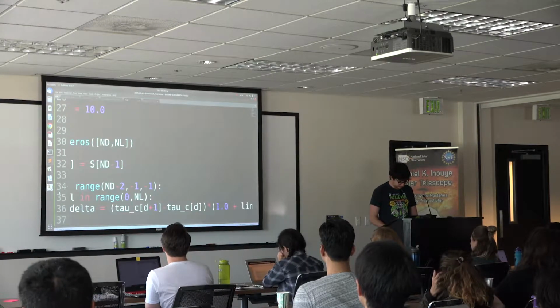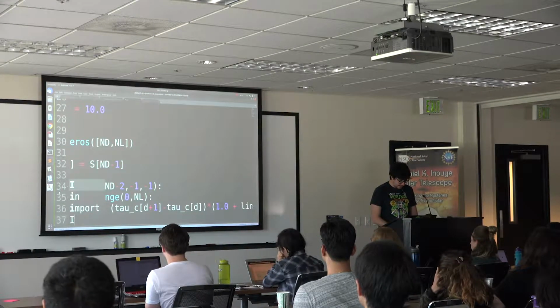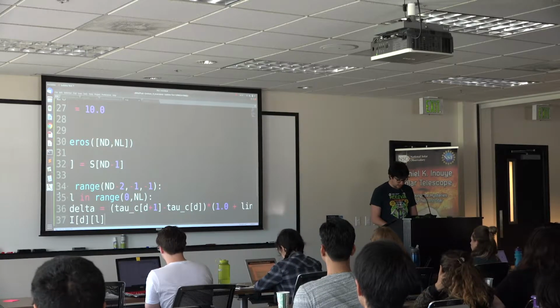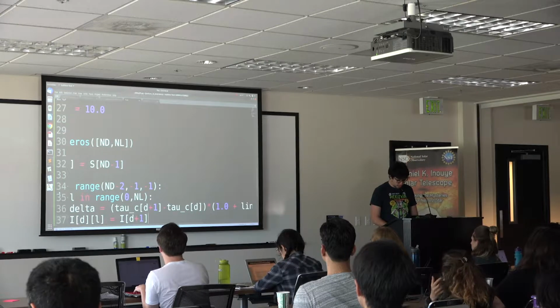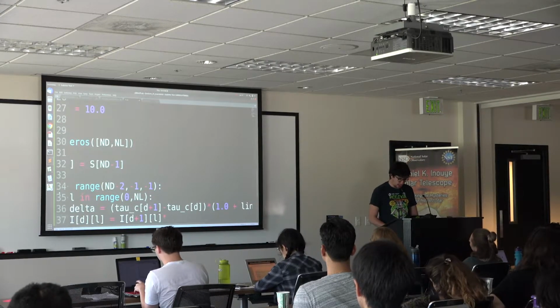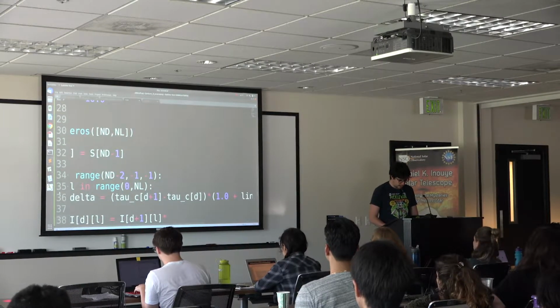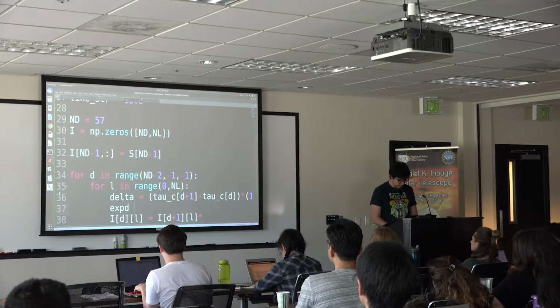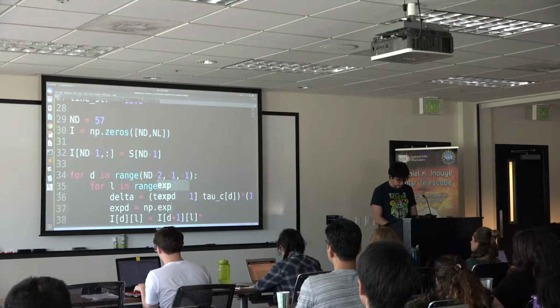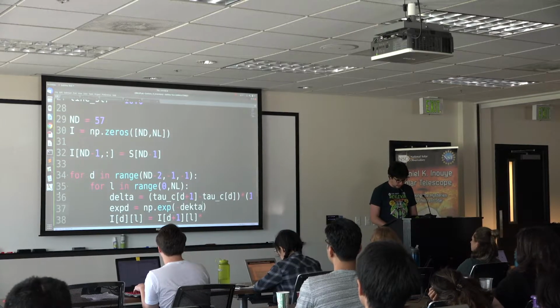And we can finally say intensity at my point, at my wavelength, is equal to intensity in the previous point, wavelength. Actually, it's nice to define this variable, so you don't have to calculate the exponent multiple times. Of course, here it doesn't matter, but it's nice practice.